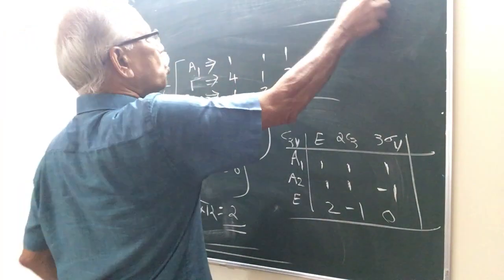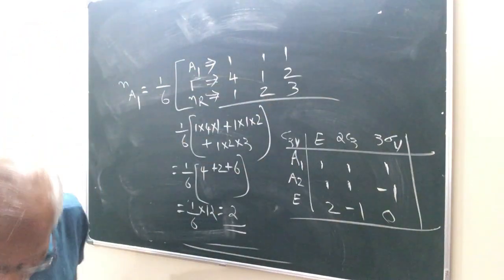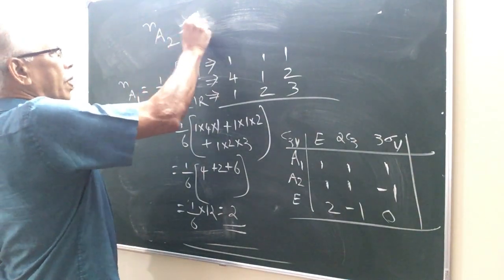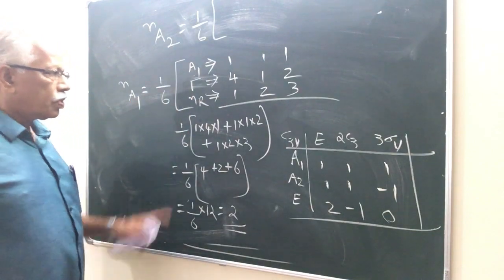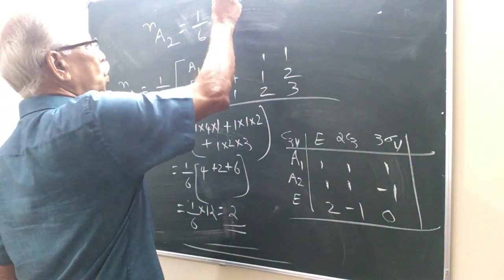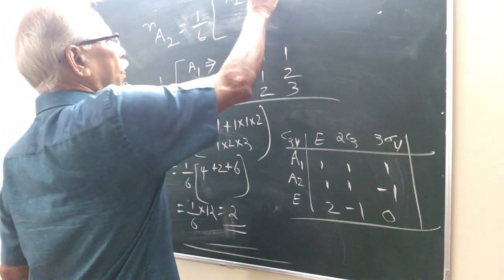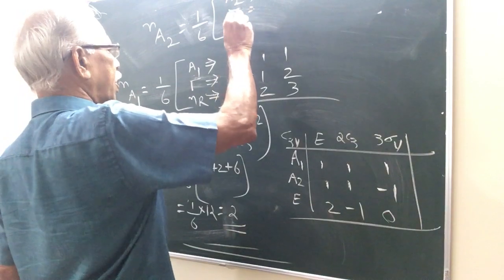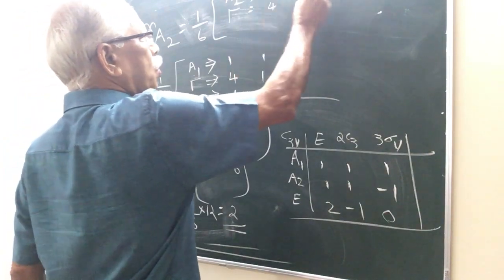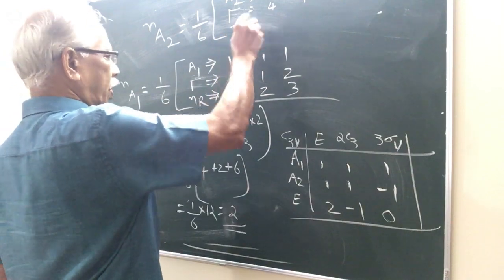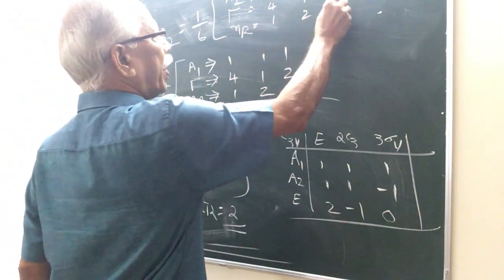There are 2 A1 as a factor of the original reducible representation. How many times does A2 occur? 1 by 6. Similarly, you do the multiplication. A2 is 1, 1, minus 1. Gamma is 4, 1, 2, and NR is 1, 2, 3.